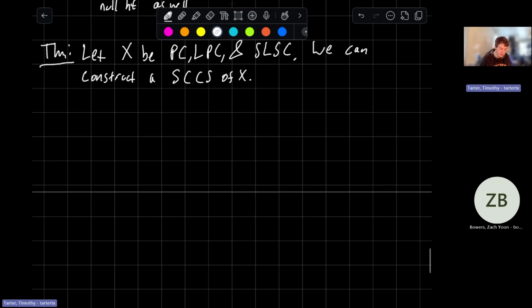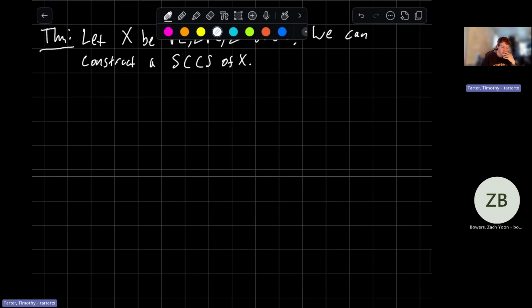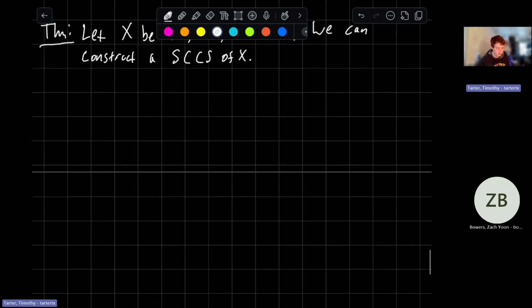The advantage of this is that by the homotopy lifting property, homotopy classes of paths in the domain of the cover starting at the base point are the same as homotopy classes of paths in X starting at x naught. This gives a way of describing the cover in terms of X.